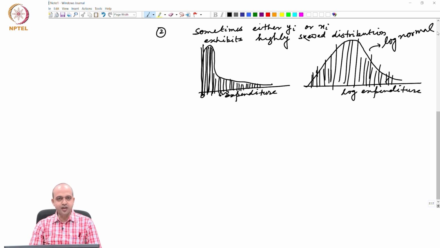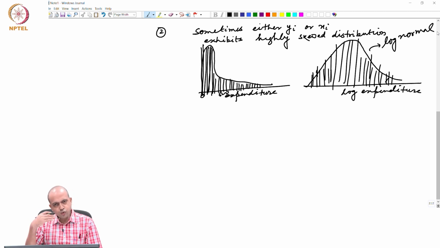This is another reason when either the dependent variable or independent variable is highly skewed in nature. That means there are too few observations with higher value or too few observations with lower value, so the distribution is either left skewed or right skewed.